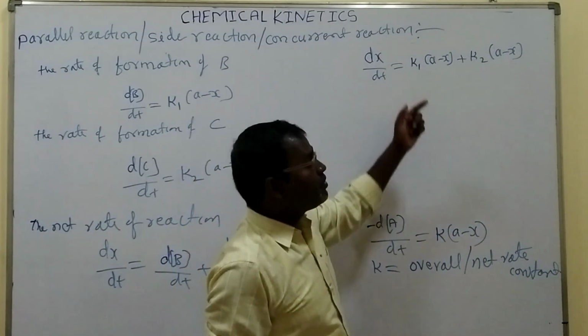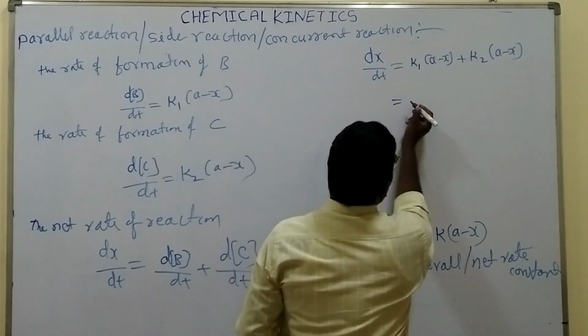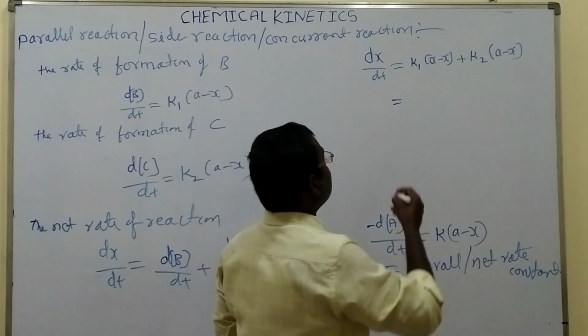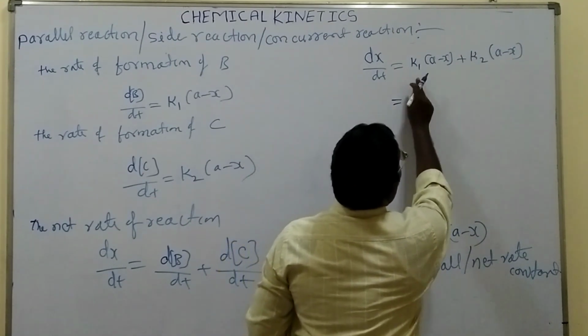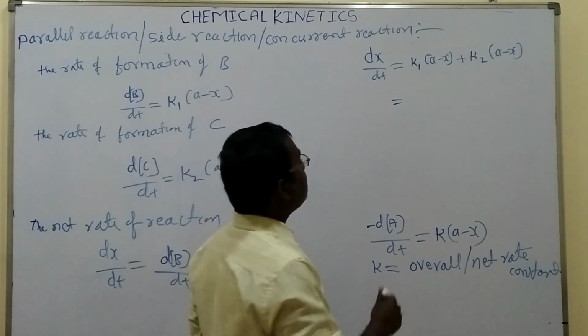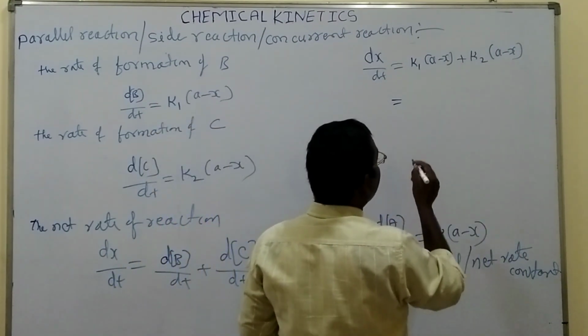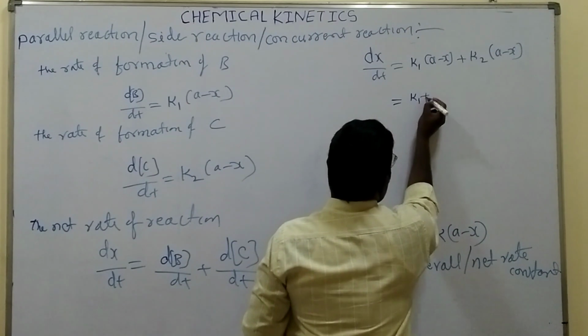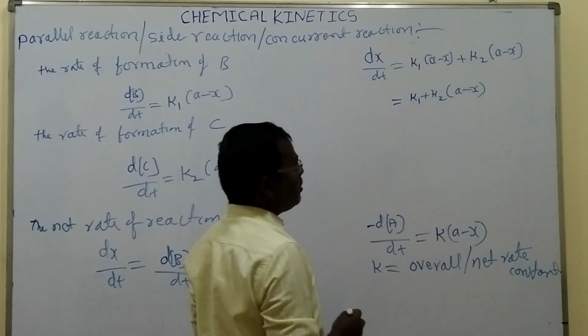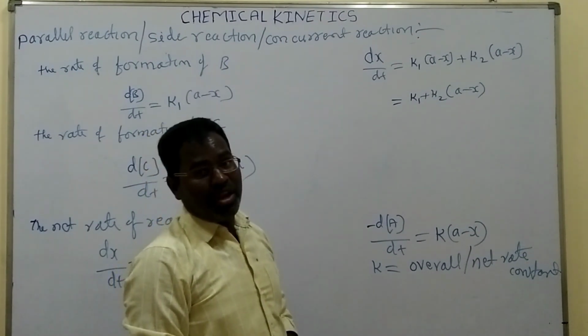Now again you need to simplify it. Take (a minus X) as the common factor. Then it is K1 plus K2 into (a minus X).